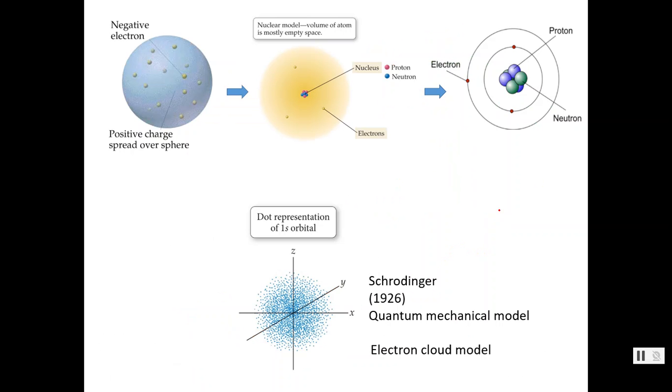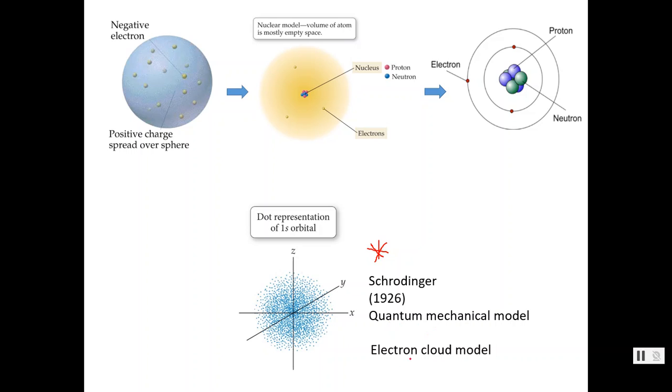So we have now moved from this Bohr model with the specific paths to this new model of orbitals, where we have regions of space, in 3 dimensions, where it is more likely to find an electron. These little dots show the probability, at least in this orbital, of where it's more likely to find an electron.